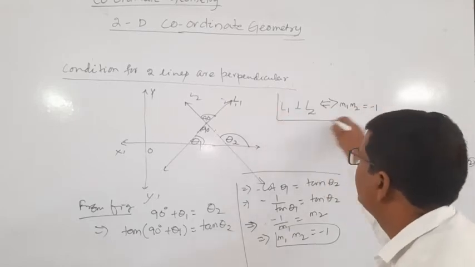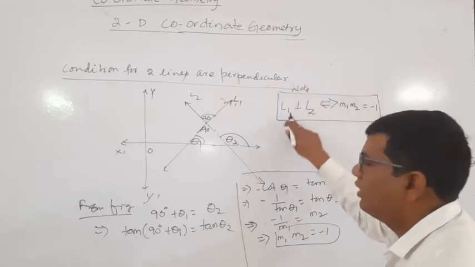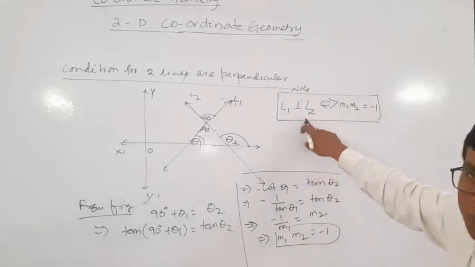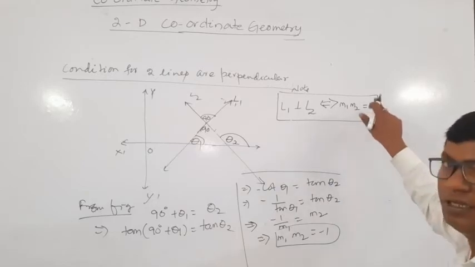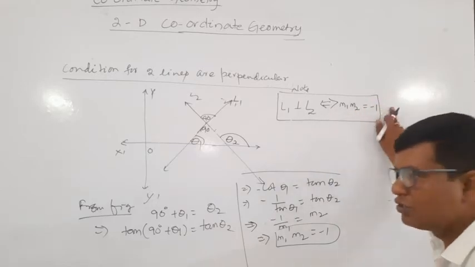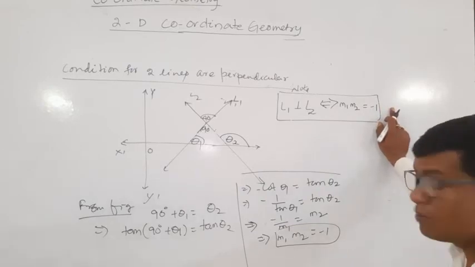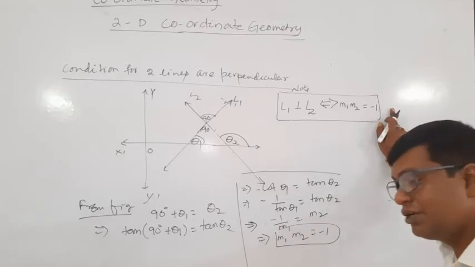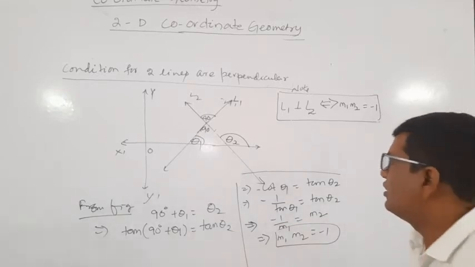If L1 is perpendicular to L2, then m1 into m2 equal to minus 1. If m1 into m2 equal to minus 1, that is the product of slopes of two lines is minus 1, then the two lines are perpendicular to each other.